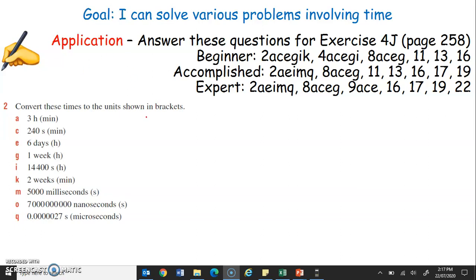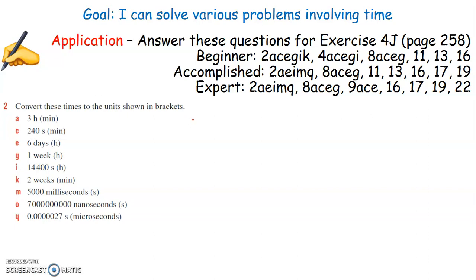All right, so question 2a, we wanted to convert between 3 hours to minutes. What I like to do is have the conversion chart in front of me. Now I'm just going to write the conversion chart out again. You do have the conversion chart in the textbook as well as in the notes of this PowerPoint.